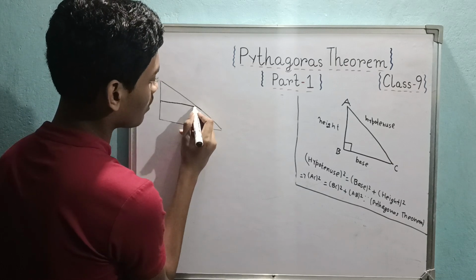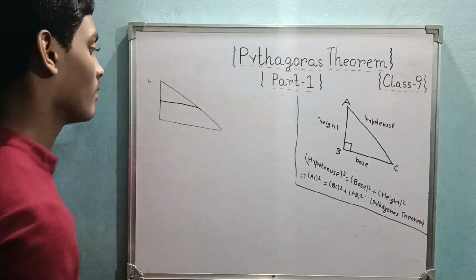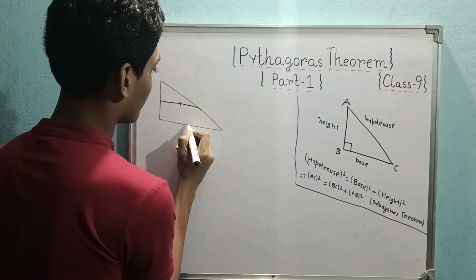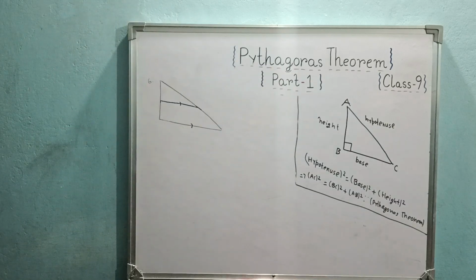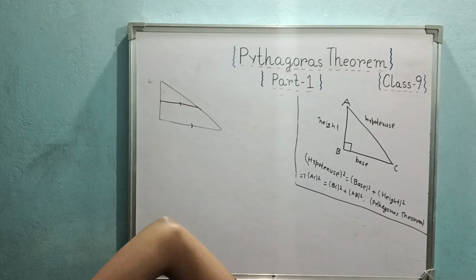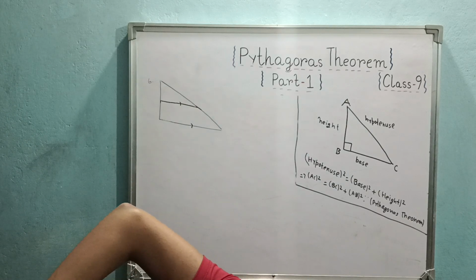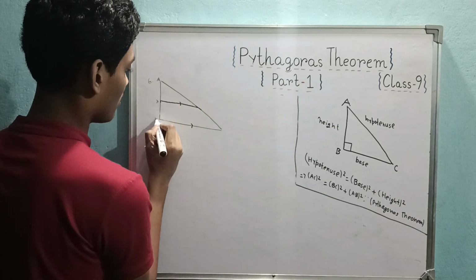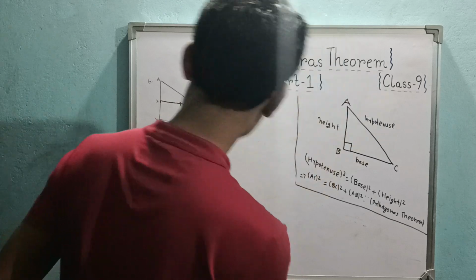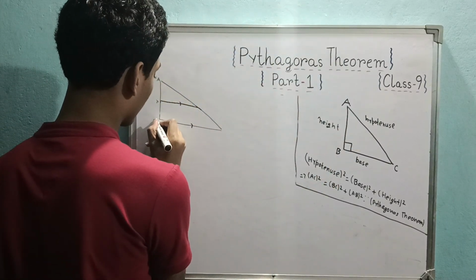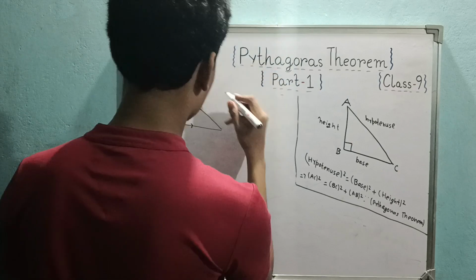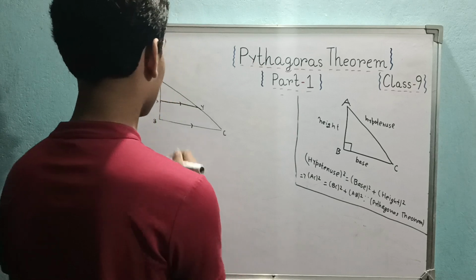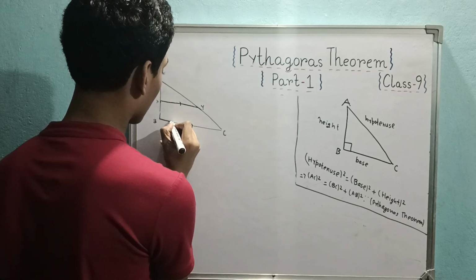It is joined here. And here we go like that. These are parallel to each other, I think, yes. And they have been given some names A, X, Y, B, C. Yes, I hope it's understandable.